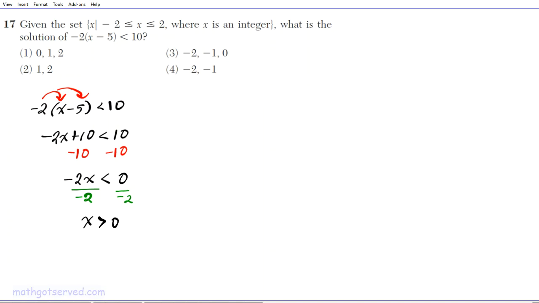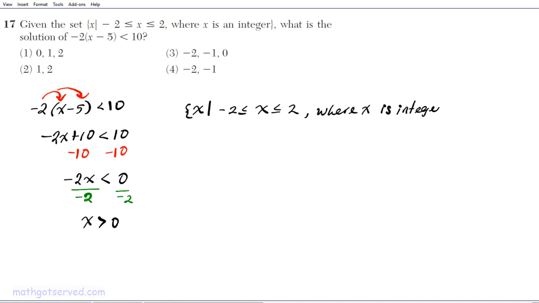Okay, so we have the first condition, and what satisfies this inequality right here? Any positive real number will satisfy this inequality. But we have another constraint, which is this set. The set x such that negative 2 is less than or equal to x is less than or equal to 2, where x is an integer.